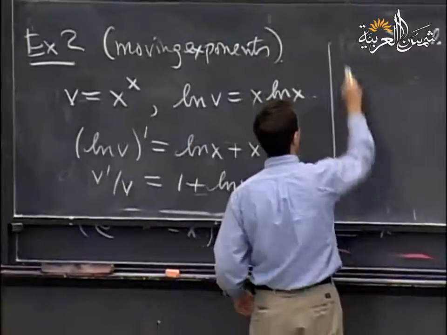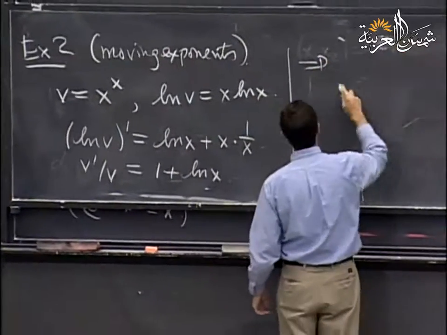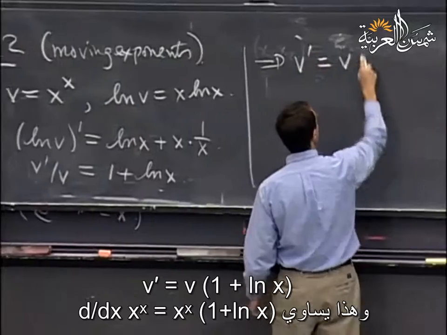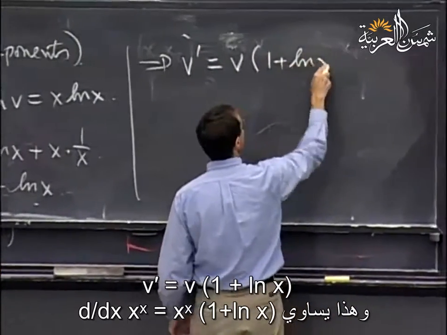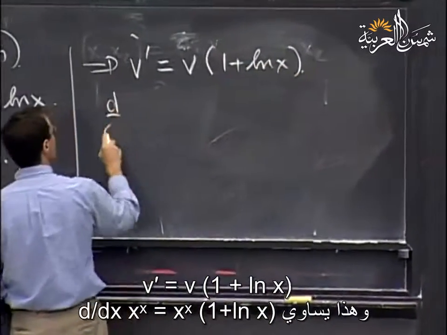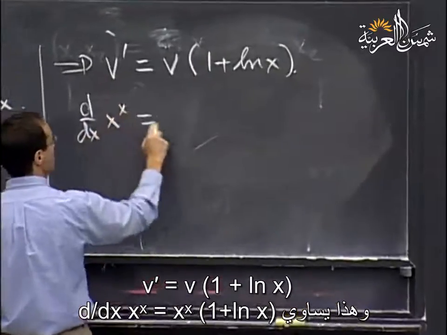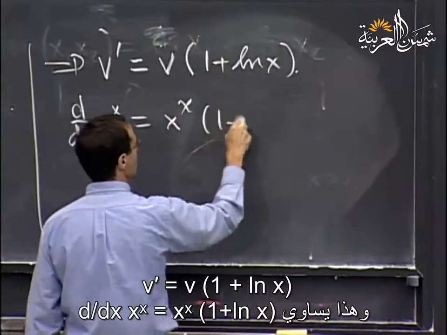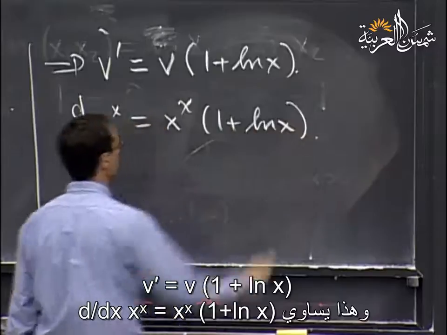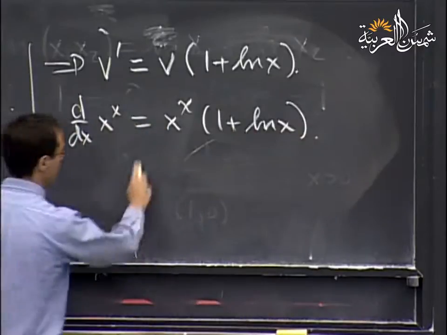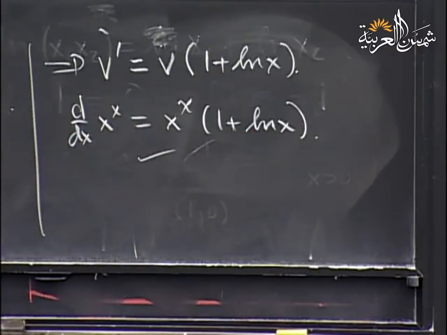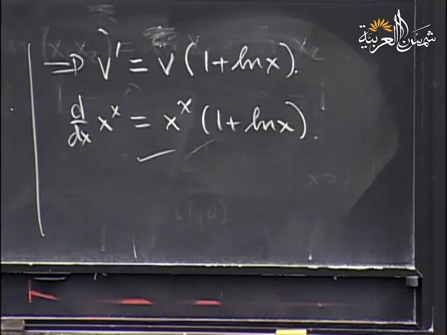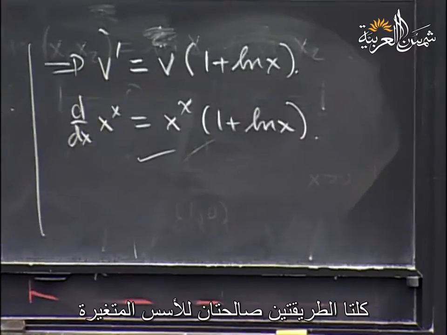I have v prime is equal to v times 1 plus log x. And that's just d by dx, x to the x is equal to x to the x times 1 plus log x. All right, that's it. So these two methods always work for moving exponents.